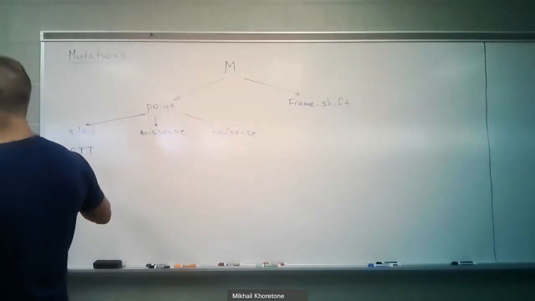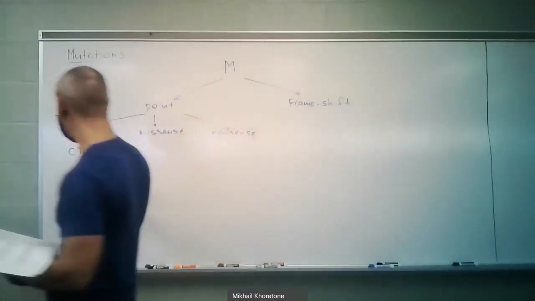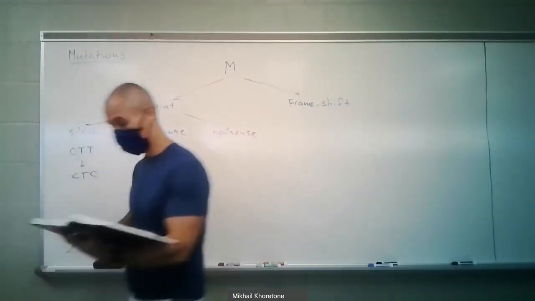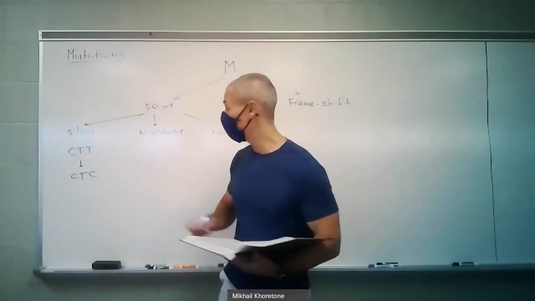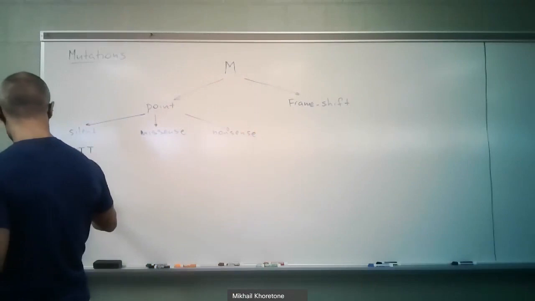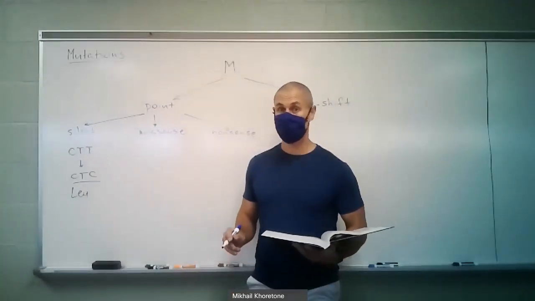Now, let's say we replace this last T with C, and what we get is CTC. This is still a codon for leucine. Does that make sense?